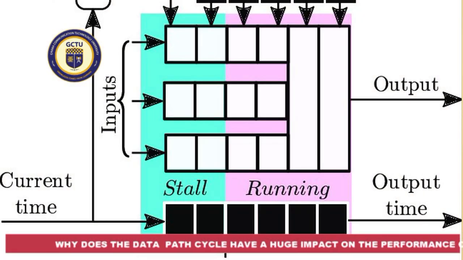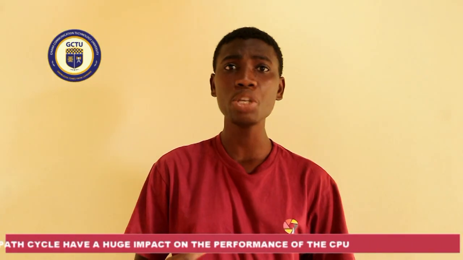Delay in the data cycle disrupts the instruction pipeline, causing stalls where the CPU wastes cycles. Optimizing the data cycle ensures the CPU is fed with data and instructions, maximizing performance.